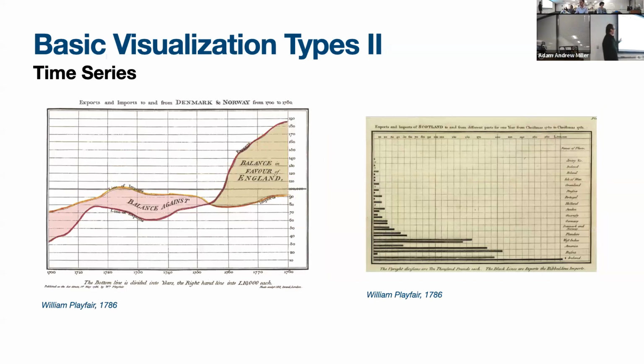Some more time series. In the canonical lineage of visualization, this one comes up. This is a visualization from 1786. People were starting to develop a rigorous notion of economics. And so what people were trying to do is plot imports versus exports. So this is not only an example of a time series, a more abstract kind of visualization, but also this plot has a message, right?